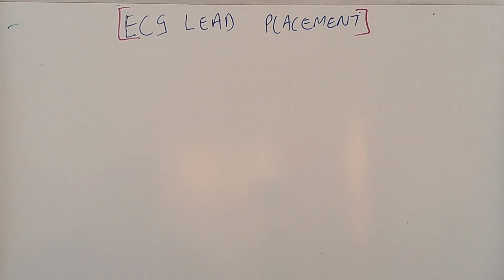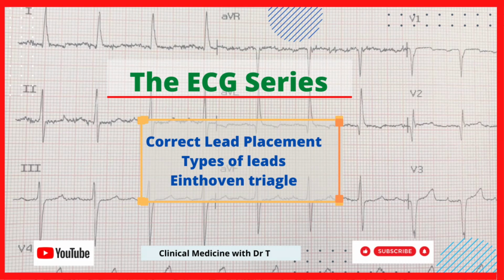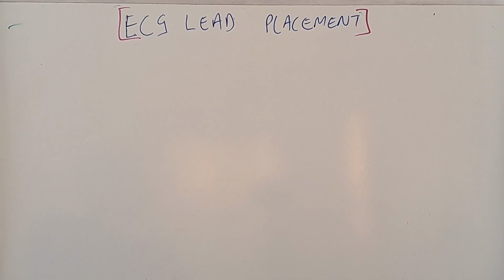One of the things that I struggled with when I started to do ECGs is the placement of the electrodes. If the placement of your electrodes is not correct, you are going to get an abnormal ECG that you won't even know how to start interpreting. And also you might diagnose things that are not really there.